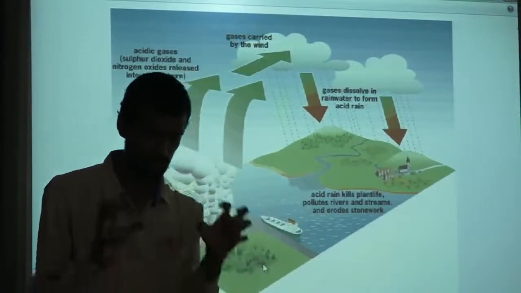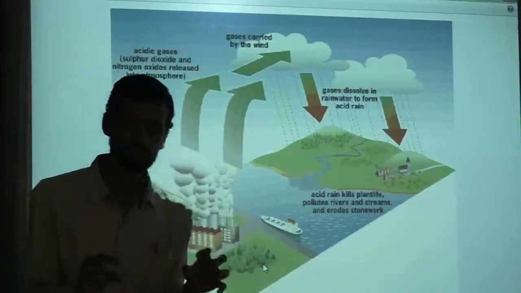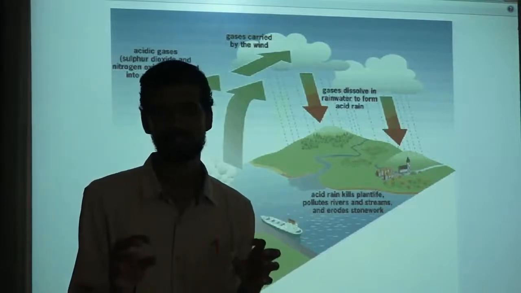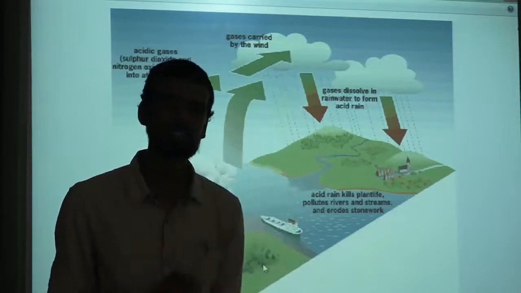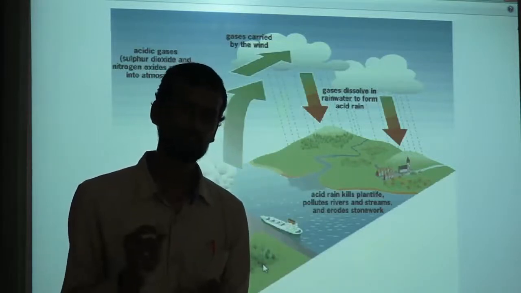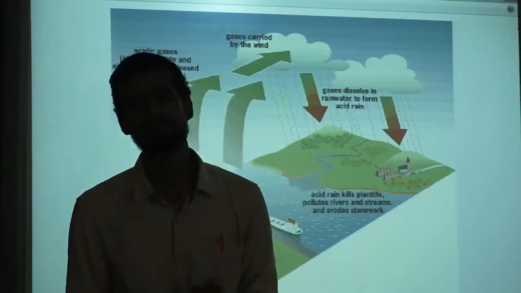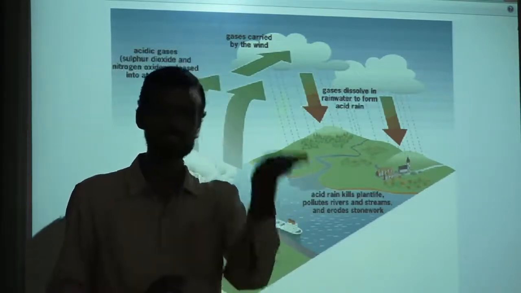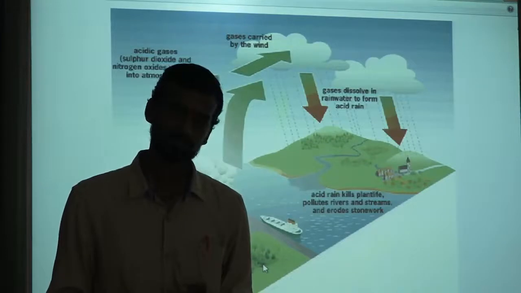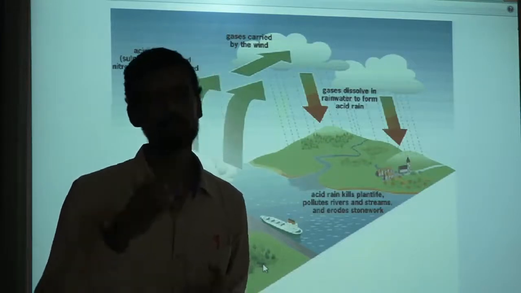Okay, land should have a proper amount of acid and base in it. If the acid level is increased in the land, what can the farmer do? Farmer can add some bases like lime water, calcium hydroxide. If acidity is increased, then the farmer can use lime water.